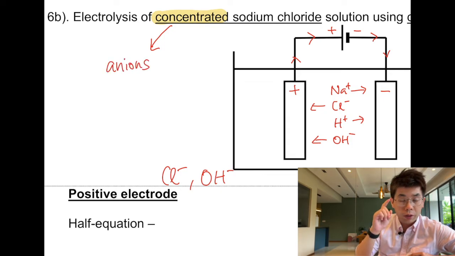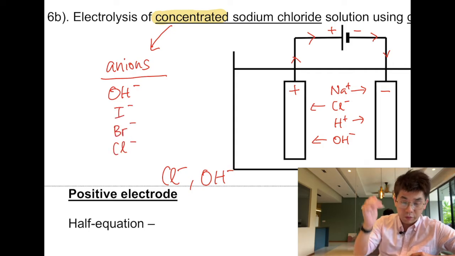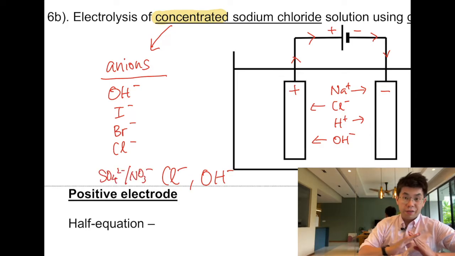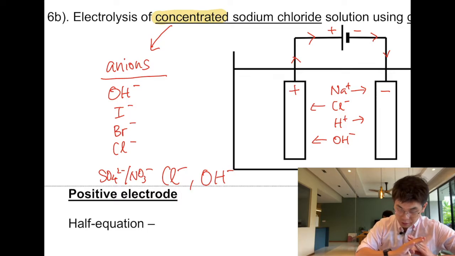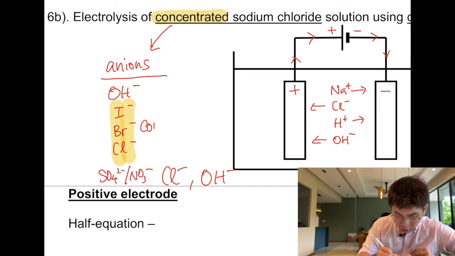When we talk about concentrated sodium chloride, the former sequence is like this, and then sulfate and nitrate are never discharged. But if it's concentrated, then we will choose these ones.